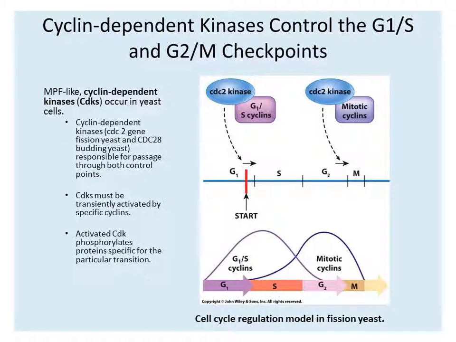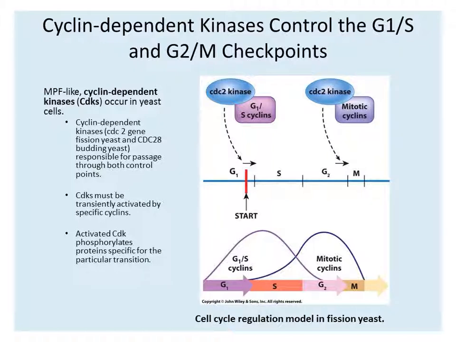We now know, after studying the MPF factor as well as many different cyclin-dependent kinase and cyclin complexes, that some of our most important studies of these MPF-like complexes, which are cyclin-dependent kinases and cyclin, were done initially in yeast.